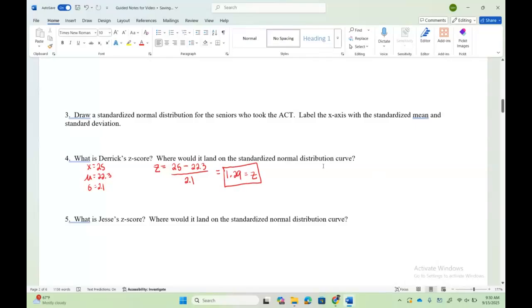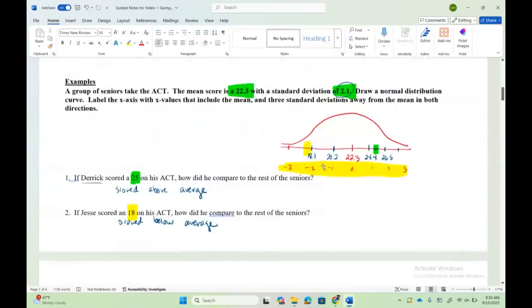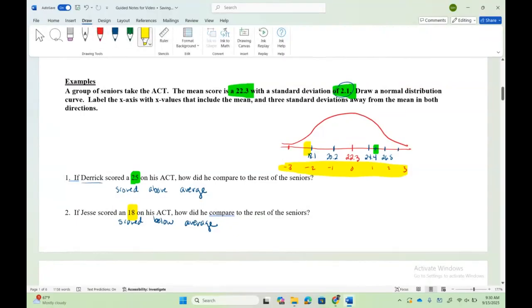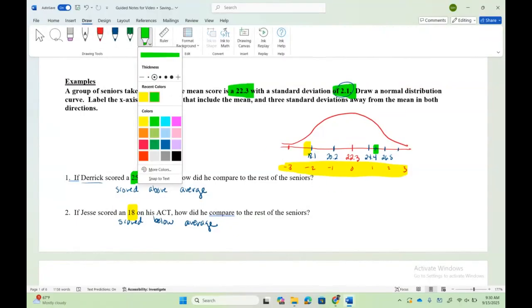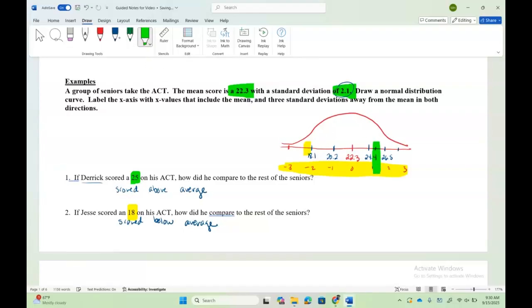Now let's compare that to our picture. This is where we had Derek, 1.29. It looks like what we marked was pretty good because here's 1 and here's 2. So 1.29 should land right in between 1 and 2 standard deviations away from the mean.